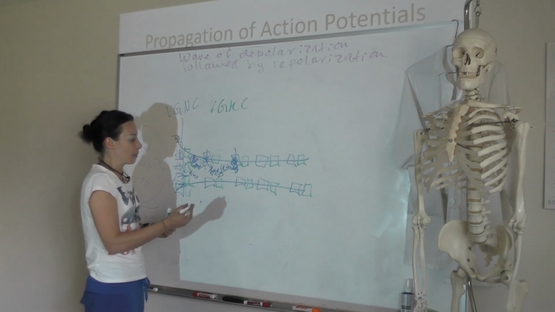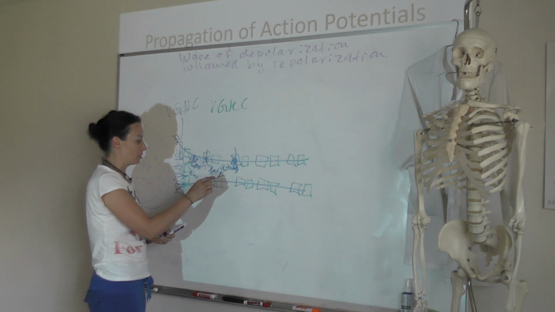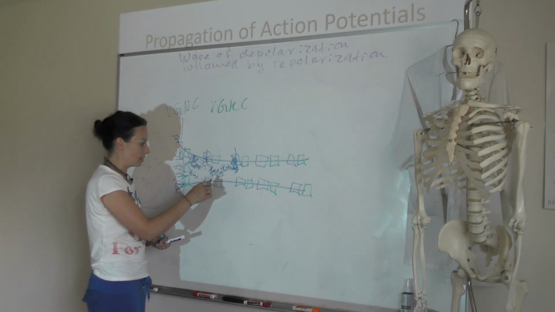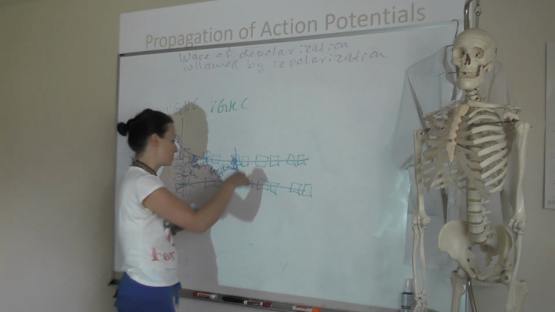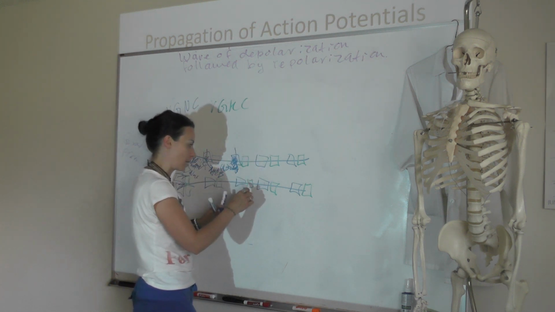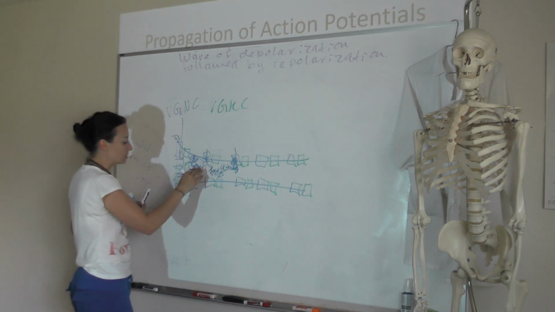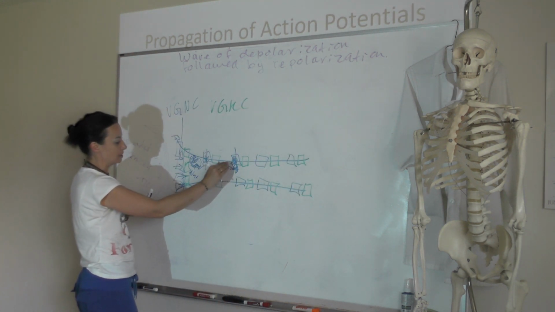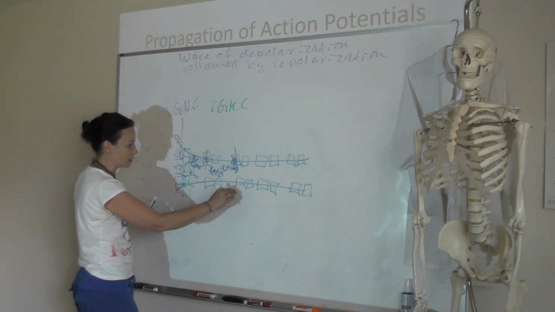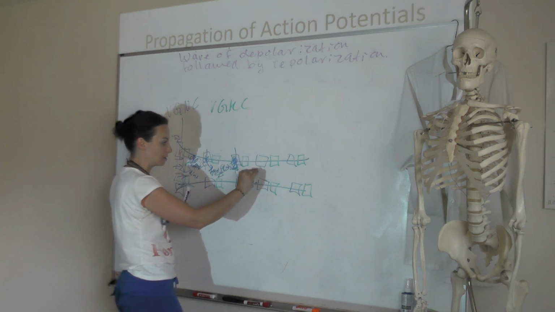I guess I can see it, where more voltage-gated sodium channels cause more sodium to come into the cell, which causes the opening of more voltage-gated sodium channels. So more and more and more.